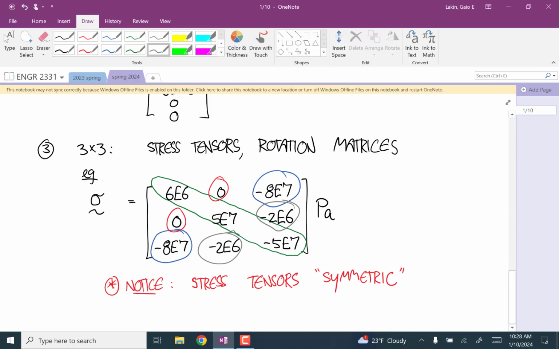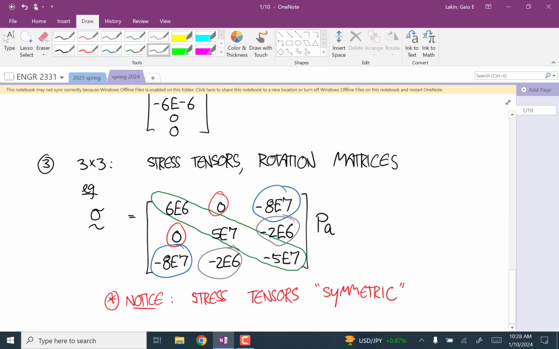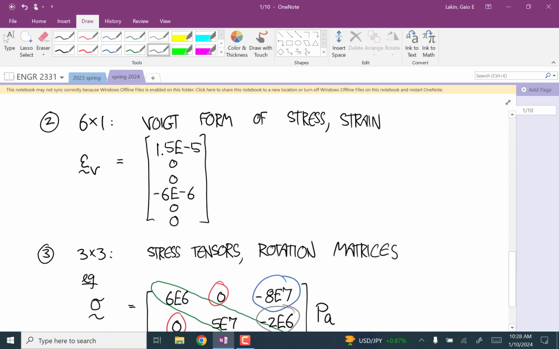But if you have this property that the red ones are equal, the blue ones are equal, and the gray ones are equal, how many independent values do you have in a 3 by 3 matrix? 6. And so if you only keep track of the independent values, all this information can be stored in this 6 by 1 form, okay?